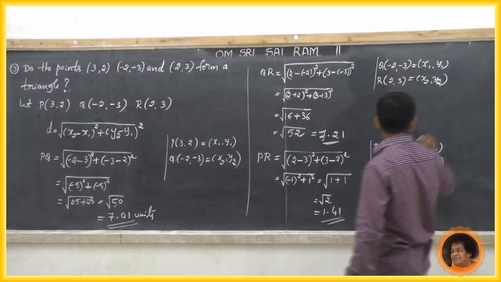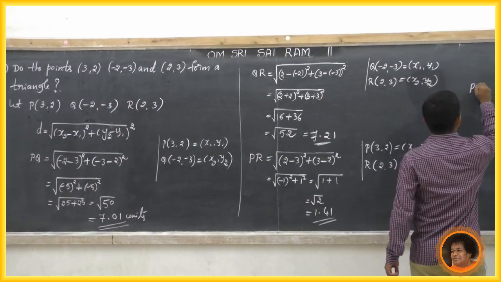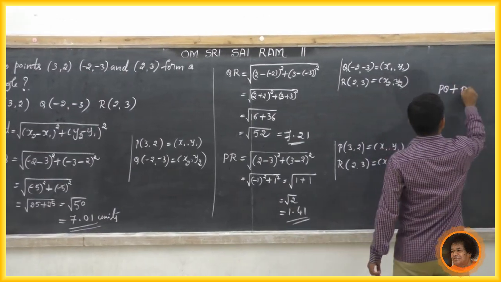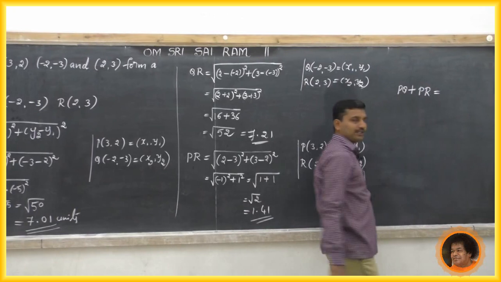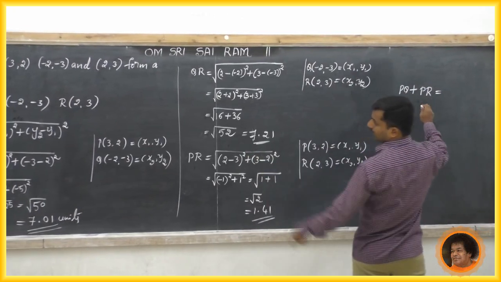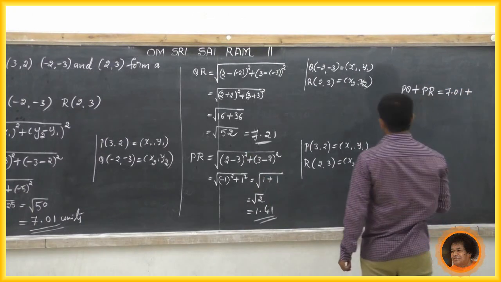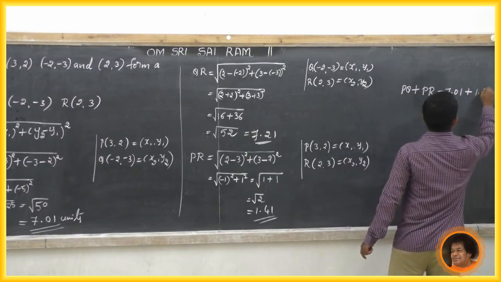So first find the distance, that is PQ plus PR. So what is the value of PQ? PQ value 7.01 plus PR 1.41.